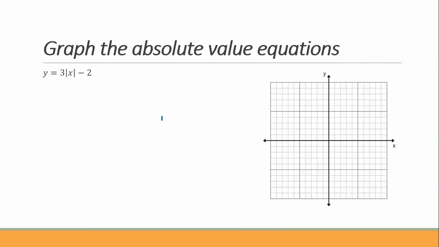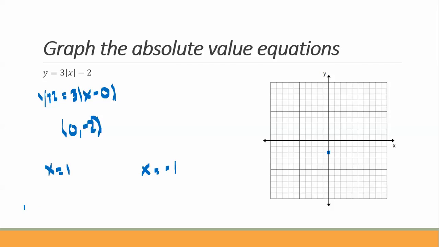So let's try this. If we add 2 to both sides, we have y plus 2 equals 3 times the absolute value of x minus 0. So if we were looking at point-slope form, 0, negative 2 would be a point on the graph. Now we can do x equals 1 again, and x equals negative 1.